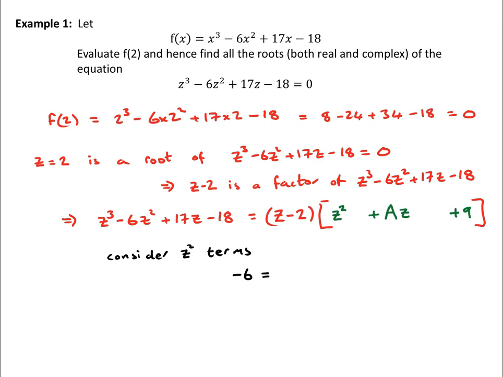Well, looking carefully, we can see that we're going to get a z squared term when we multiply the minus 2 by z squared, and that will give me minus 2z squared, but we're also going to get a z squared term when we multiply the z by the az, and that's going to give me az squared. So for the factorisation to work, I need to have minus 6 equals minus 2 plus a. In other words, a must be minus 4.